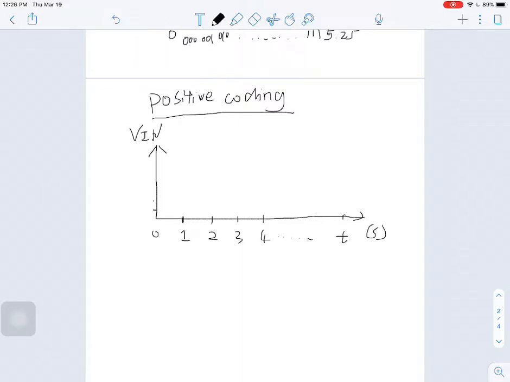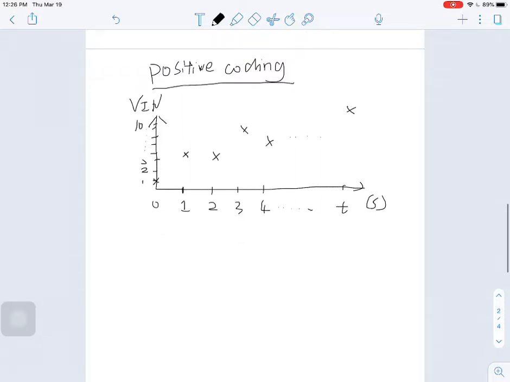And on the vertical axis, those are the voltage from 1, 2, 3, all the way to maybe 10. If I give you all the voltage values at each sample point, are you able to convert this to a digital voltage?